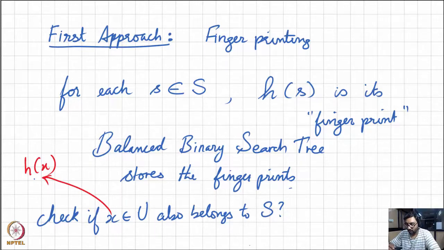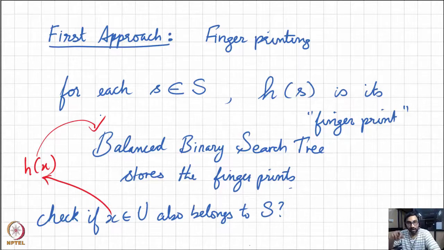And using the hash value, we search in the balanced binary search tree and check to see if that hash value is present. Now, if the hash value is not in the balanced binary search tree, then for sure we know that that user ID is not taken so far. So no false negatives are allowed.